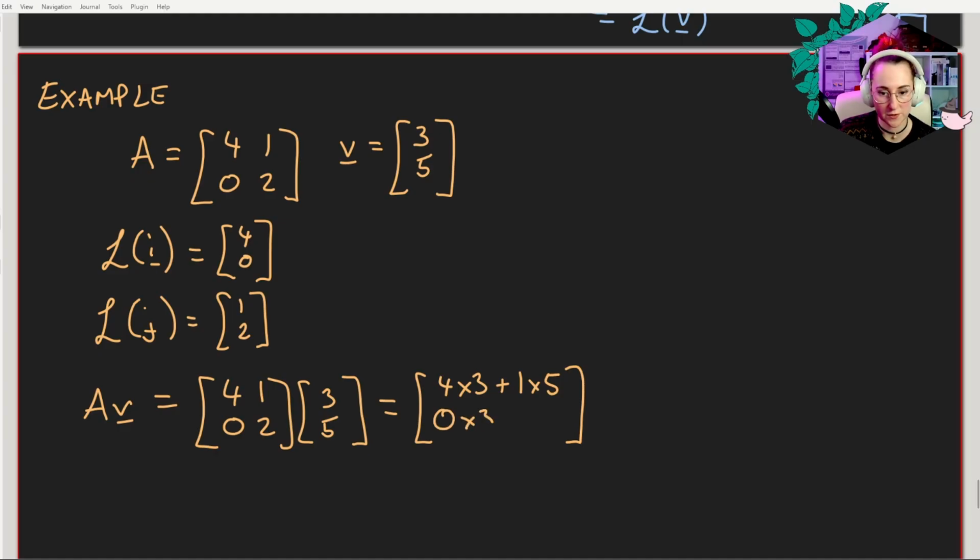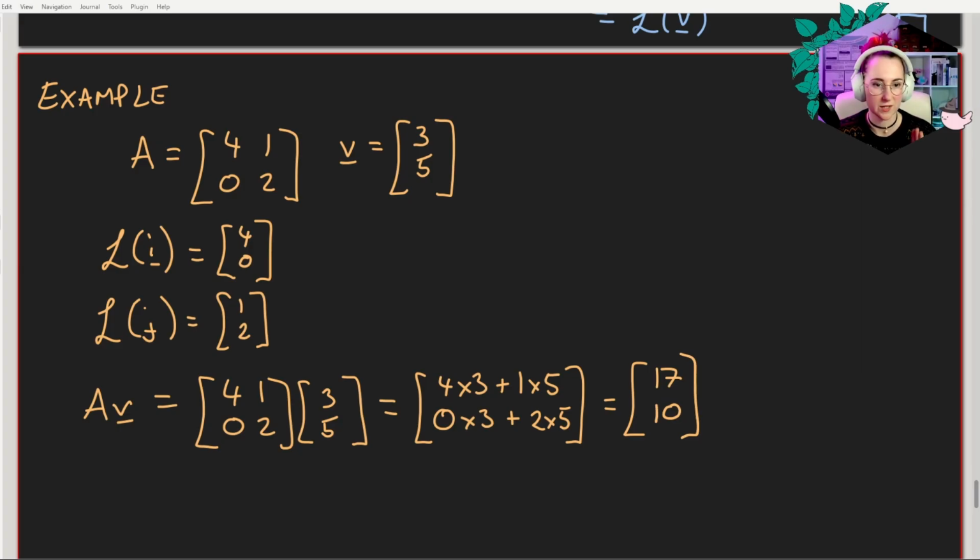So 0 times 3, add 2 times 5. So that gets us 12, add 5. So that's 17 and 10. So I claim that the linear transform of V is going to be (17, 10) for this matrix A.